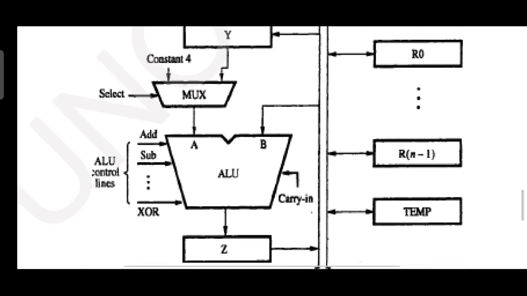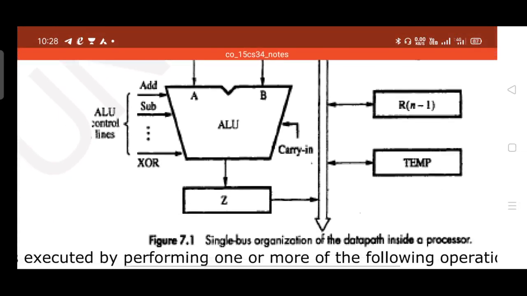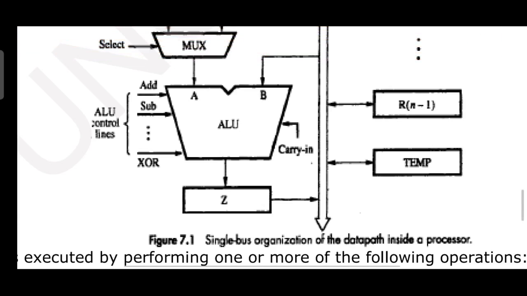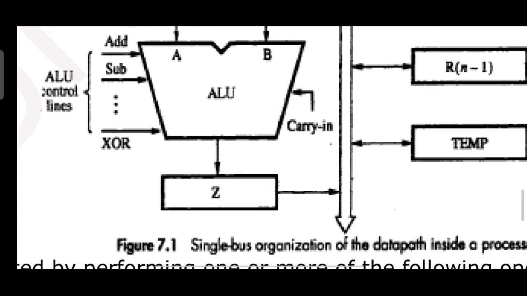After that the computed result should be stored in which register? See the diagram. This diagram should be there in your mind. If you understand this diagram, the rest of the things will be very easy for you. So after addition, the contents are stored in Z, right? So Z in is written, that's why.